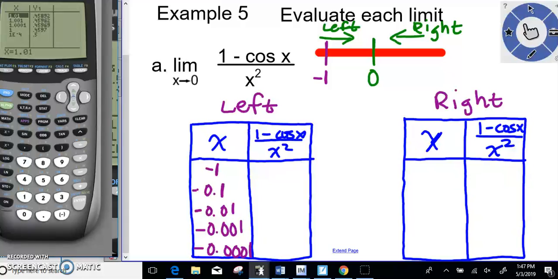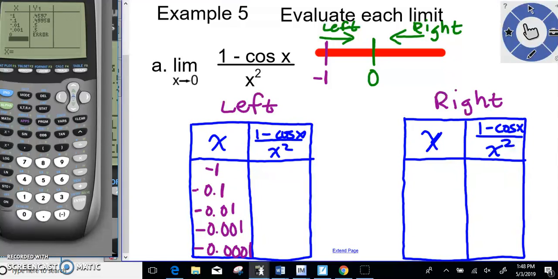So for x: -1, -0.1, -0.01, -0.001, and then -0.0001. At that point, it gave us an error, which it shouldn't have; it should actually be a number there. But it's okay.